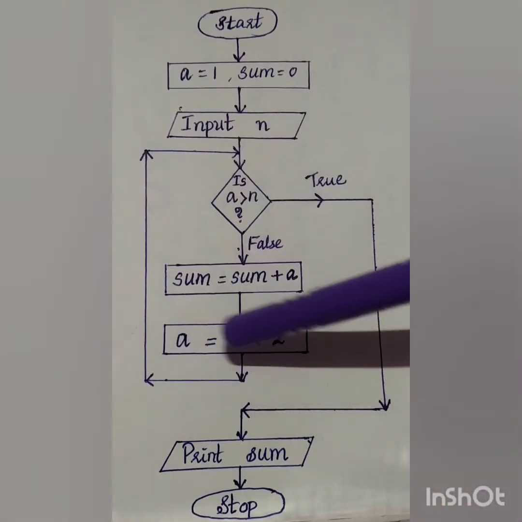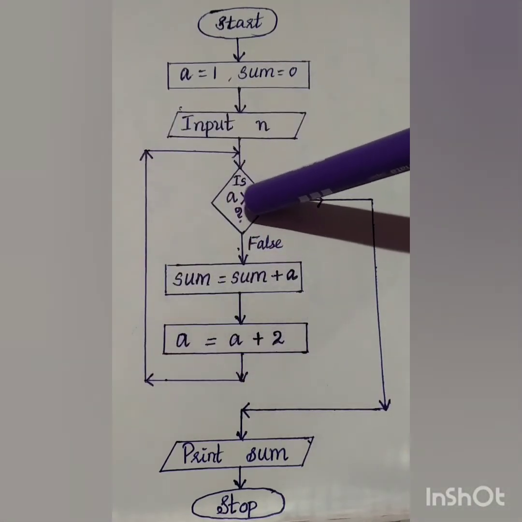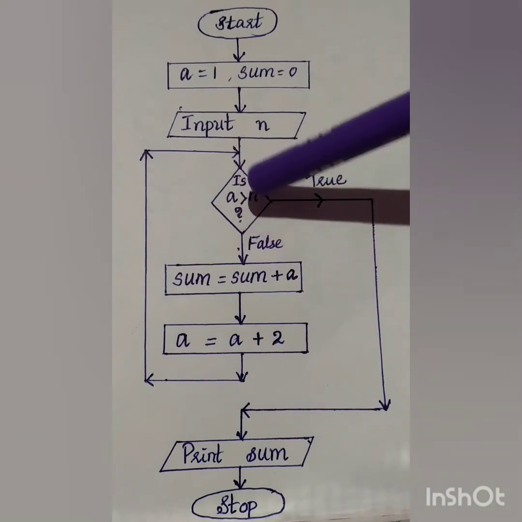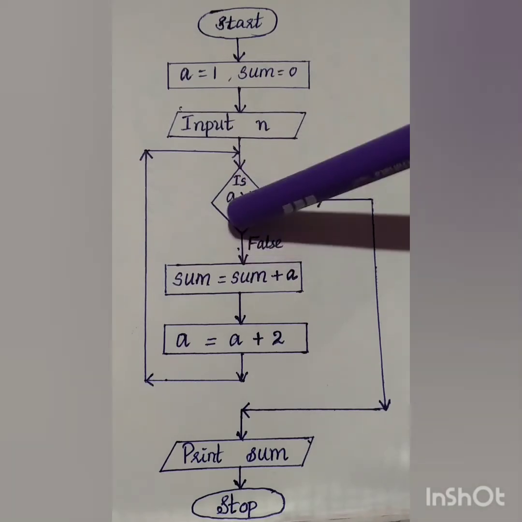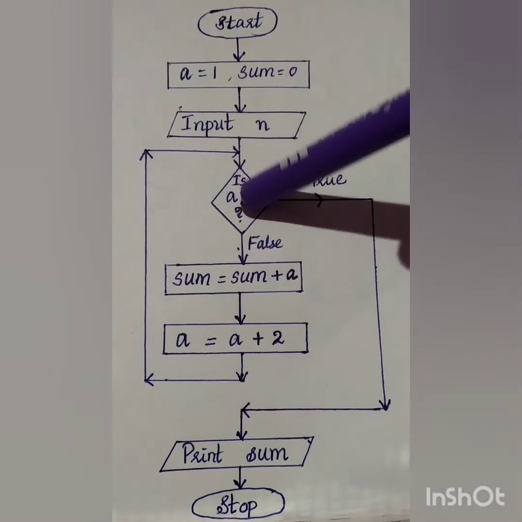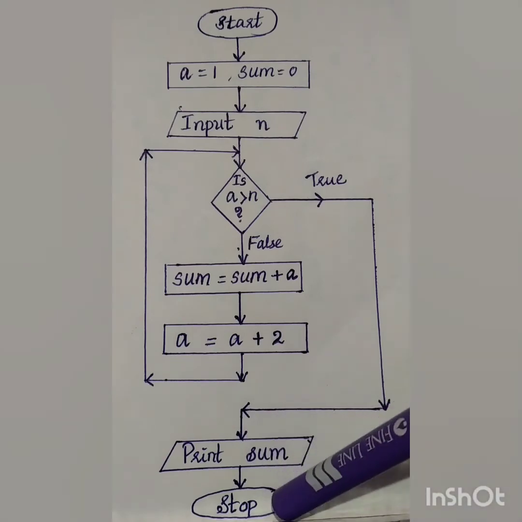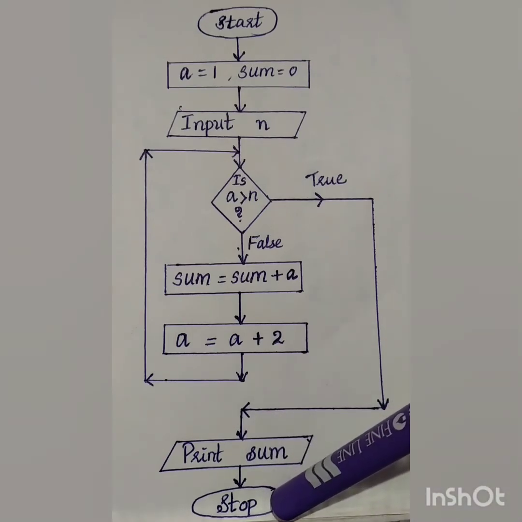That means with the new value of a, it comes for the condition testing again. Only if the condition is false, then it continues. When the condition becomes true, it goes to print sum and then goes to the stop instruction.